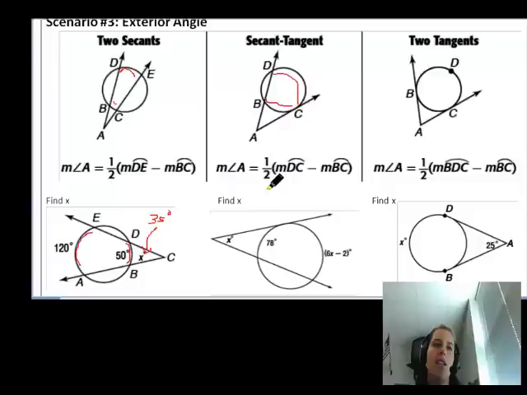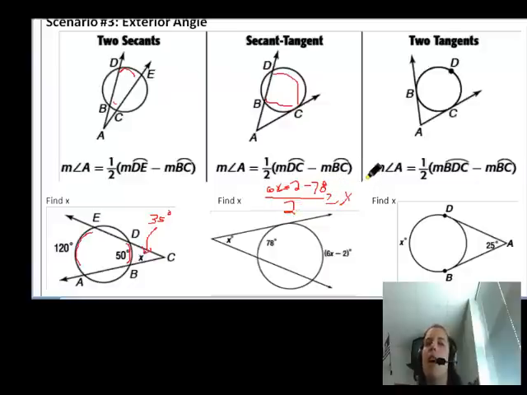So we would say 6x minus 2 minus 78, divided by 2. Big arc minus little arc divided by 2 equals my x.